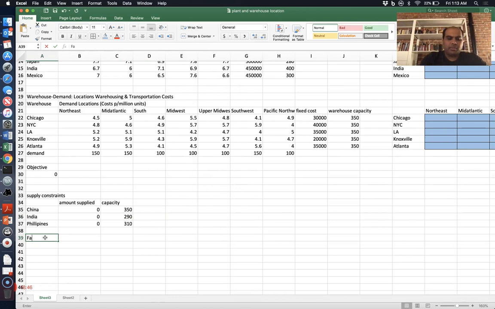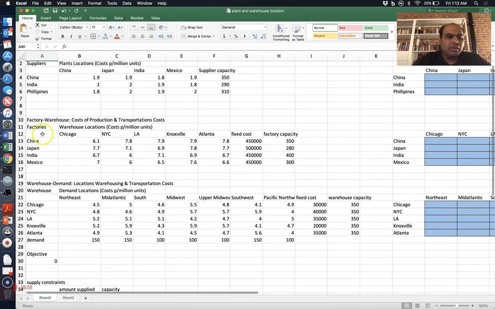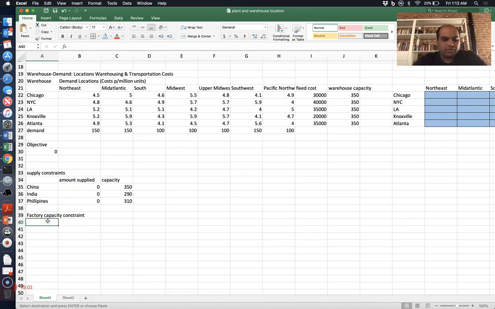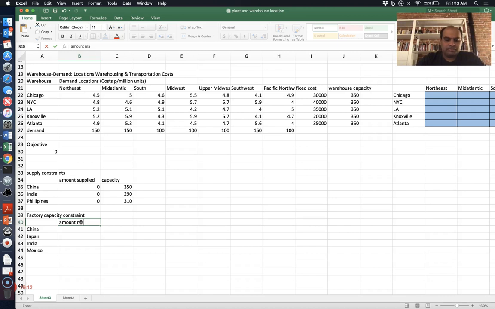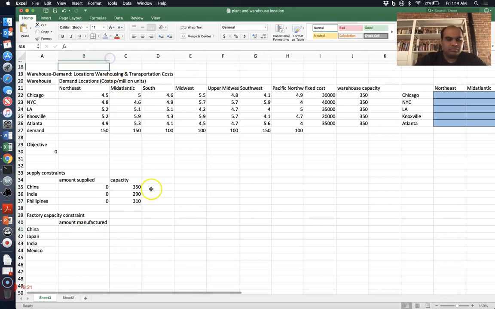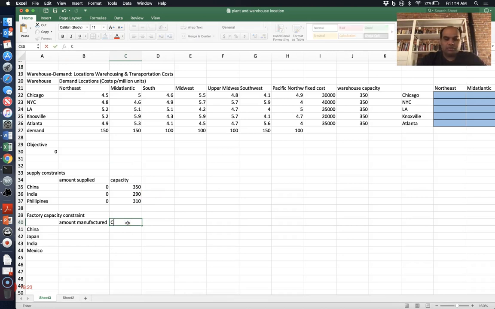So I'll say factory. The factory capacity constraint. These are my four potential factory locations. So I have that here. Say amount manufactured and of course the capacity.